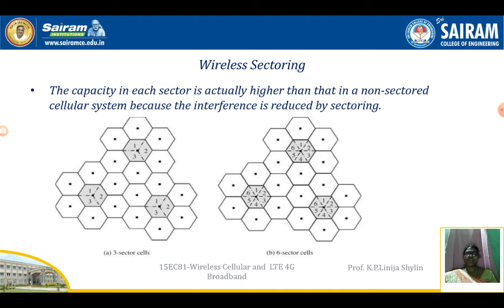Sectoring is an effective and practical approach to the co-channel interference problem. Sectoring increases the number of antennas at the base station and it reduces the trunking efficiency.